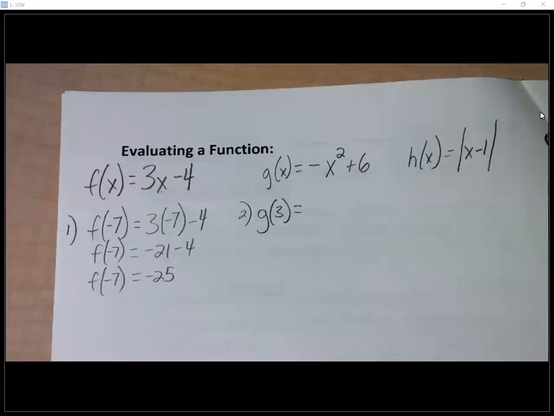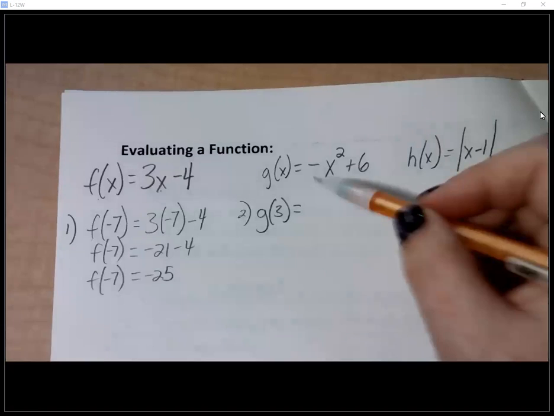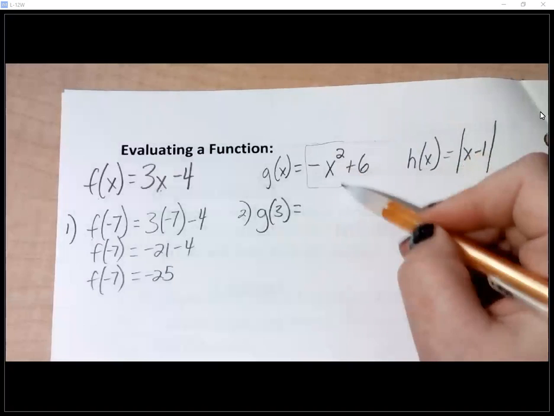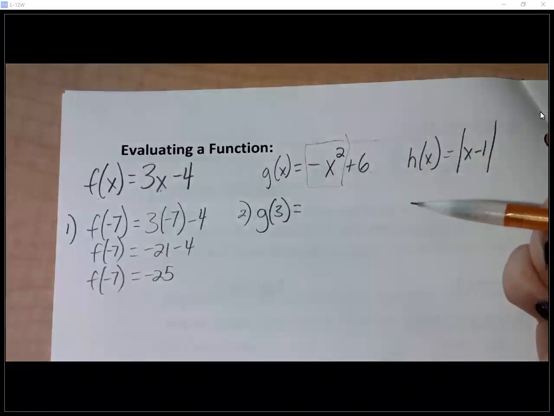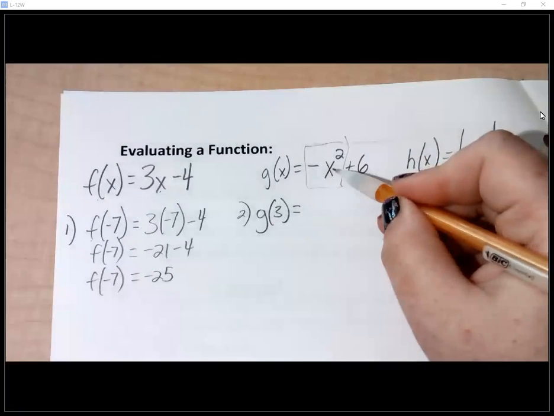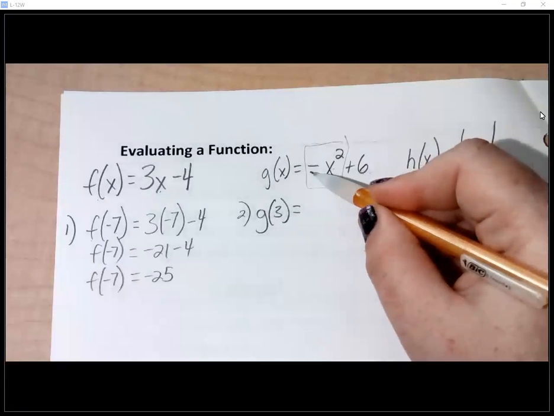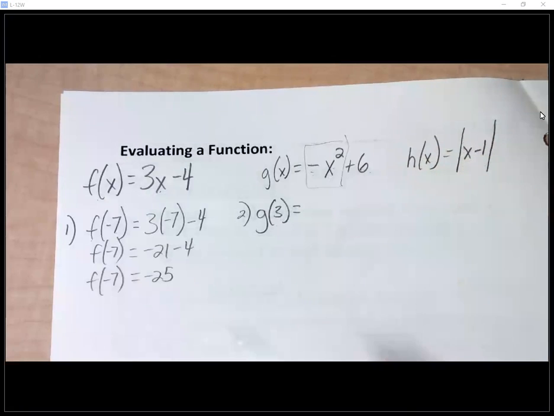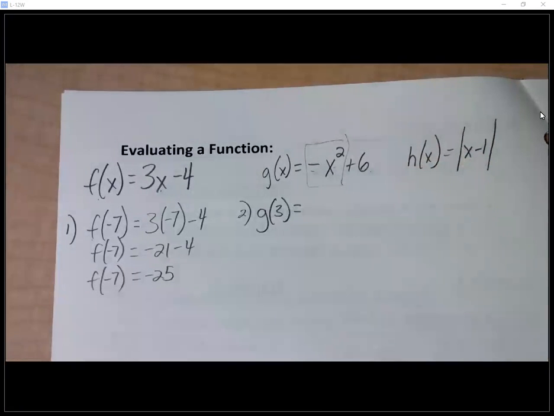So let's talk about what you want to get here. It is written like this. Note that chunk: what it means is to square the x and then take its opposite. That is not the same thing as negative x squared. If I wanted you to square negative x, I'd have to put negative x in parentheses and put the square on the outside.